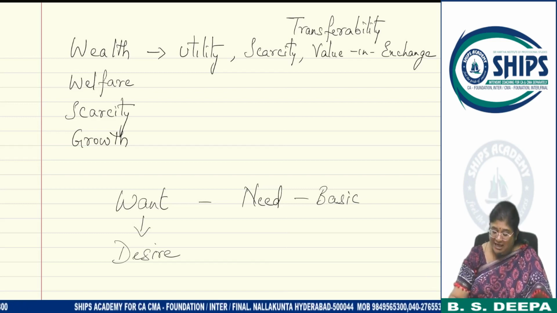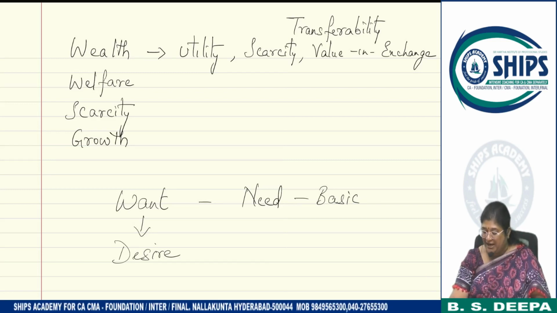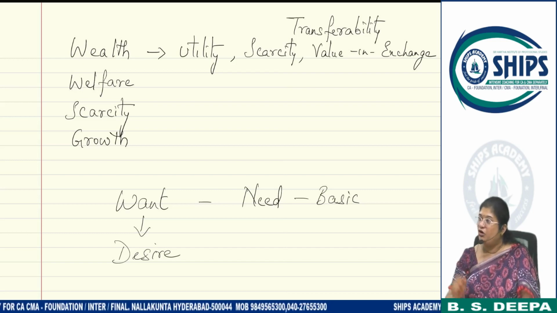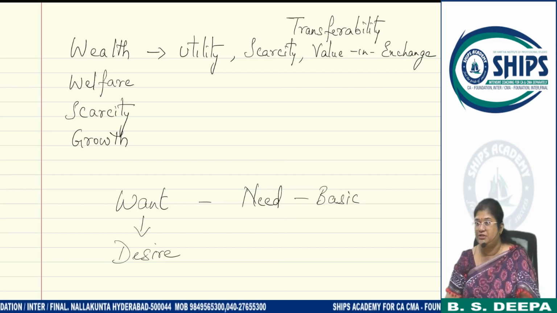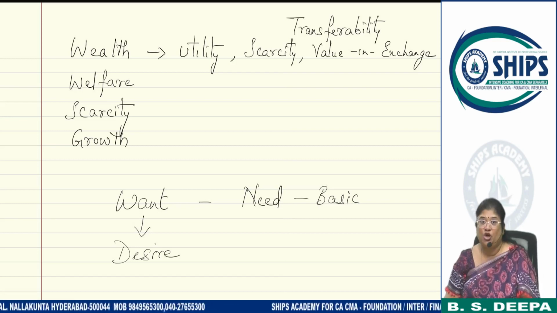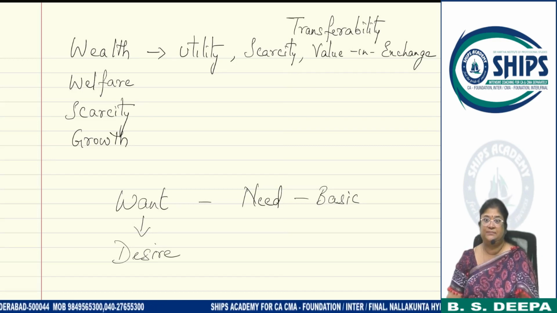For example, I want to write, and that is the reason why this particular pen can satisfy my want of writing. It has the power to satisfy that want, so that means it has utility. Please understand, in economics, utility is different from usefulness.